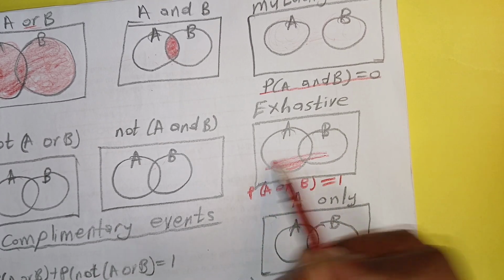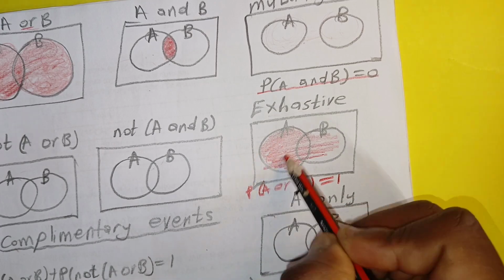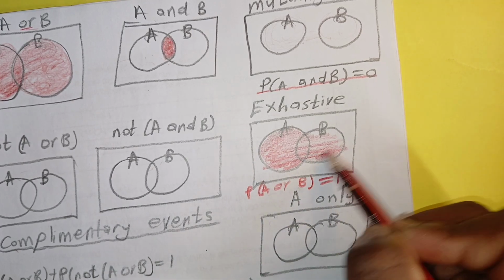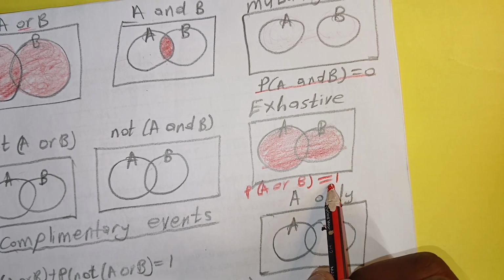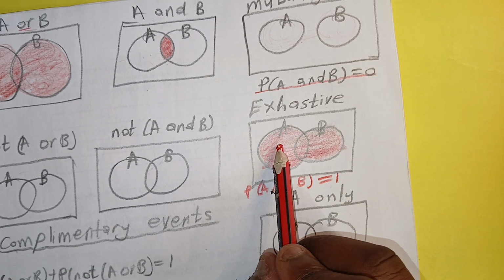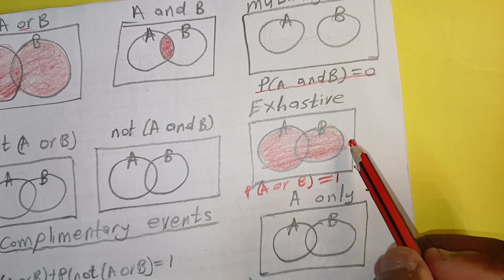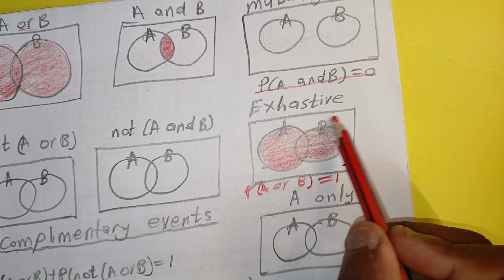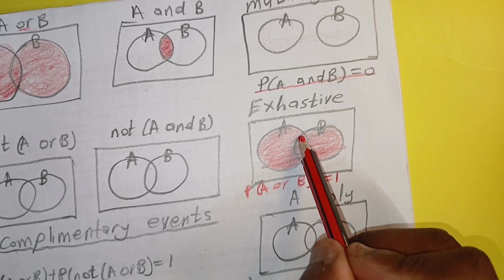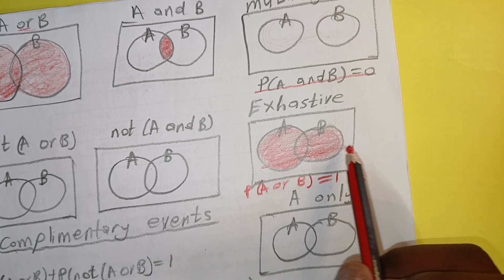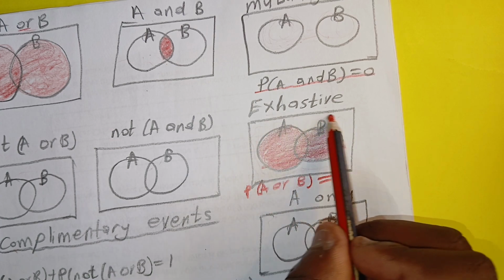If I add all the probabilities here and I find that I get 1, it means this event is exhaustive. In other words, outside there is nothing. The moment this is equal to 1, it means outside there is nothing. But if it is not equal to 1, it means outside there is something.